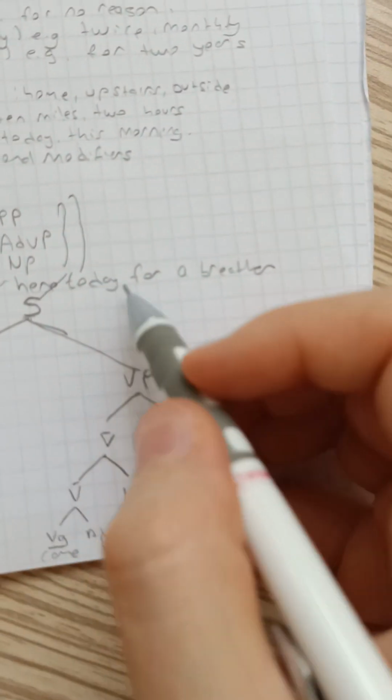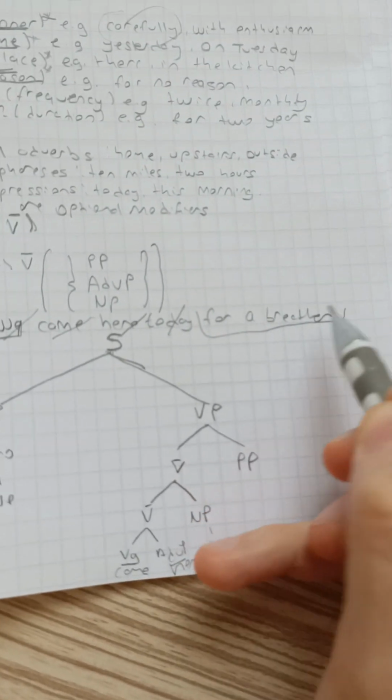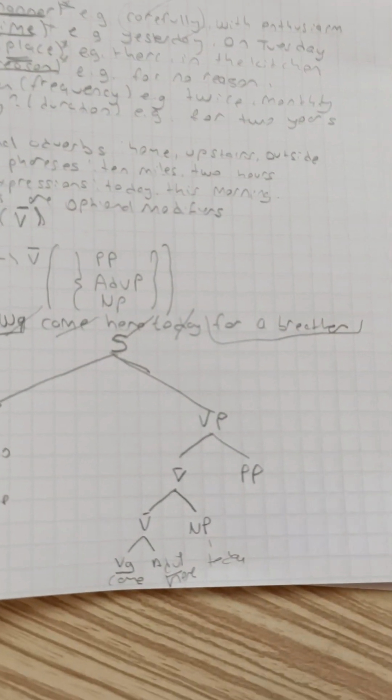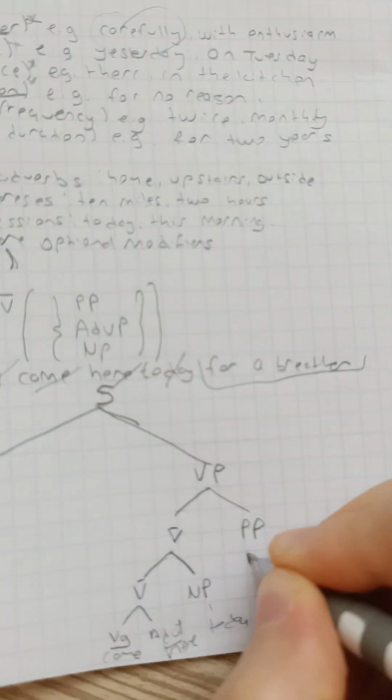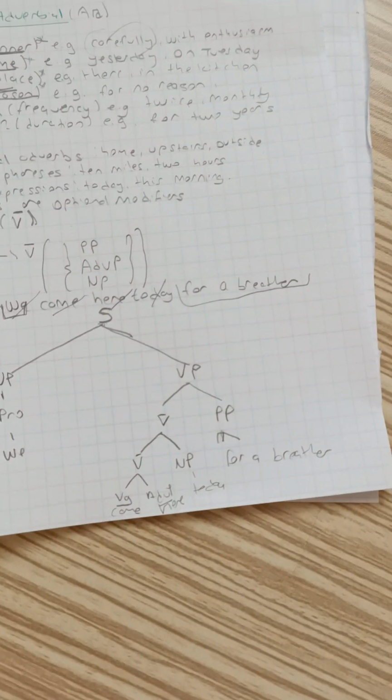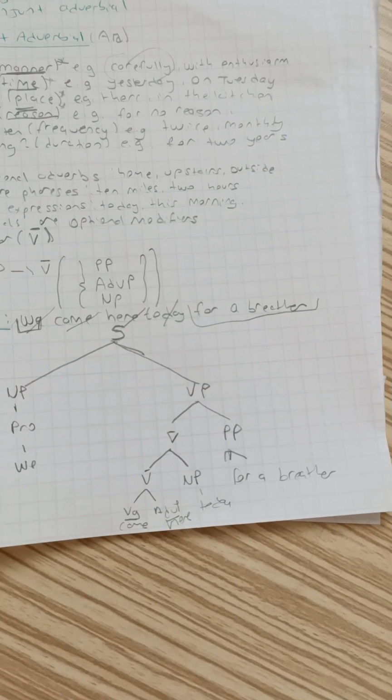And the prepositional phrase is for a breather. Our diagram is like that.